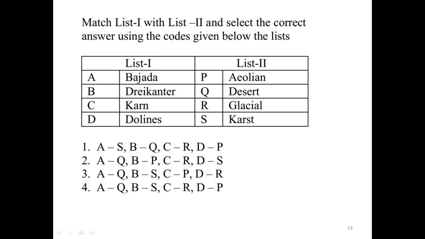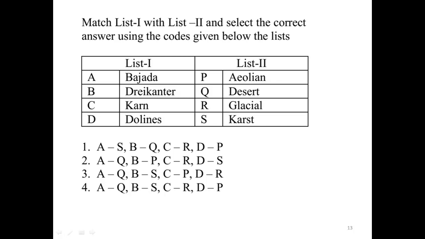Have you heard these names, Karn and Dolines? If you remember your physical geology classes of UG and PG, then you will understand that they are weathering landforms, or to be more precise, erosional landforms.